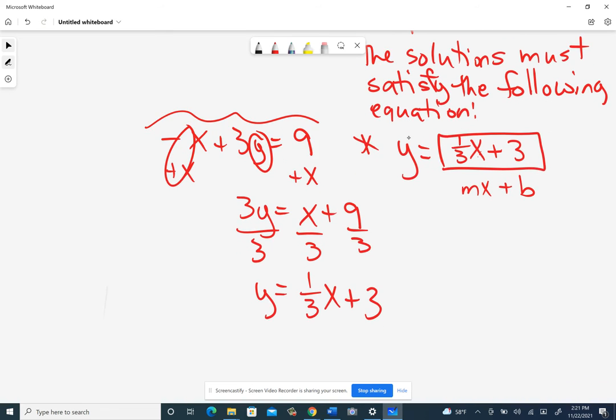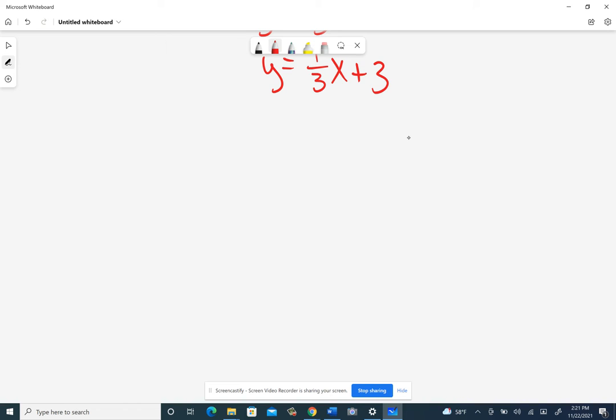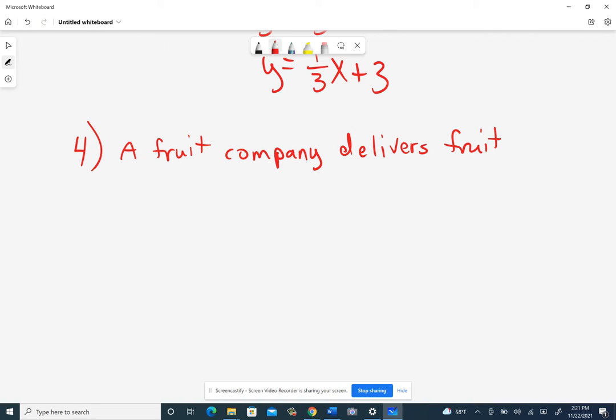All right, and then I'd like to do a couple word problems with you. So let's take a look at a word problem like this. Okay. All right, so we have a fruit company. I'm just going to write it, and you can be thinking about it as I write it. A fruit company delivers fruit in 2 types of boxes. Large and small.